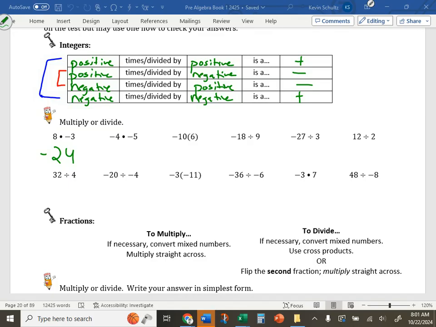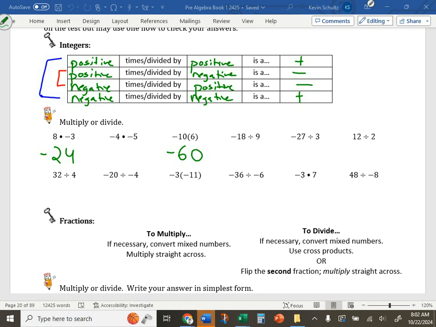Parentheses. Yep. If you've got two numbers right next to each other, and there's no operation, but one of them is in parentheses, that means you are multiplying here. So this would be negative 10 times 6. You know what 10 times 6 is? 60. Is it going to be negative 60 or positive 60? Negative 60, because one of those numbers is negative.